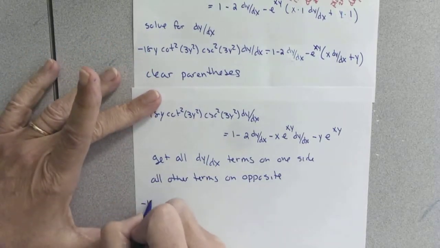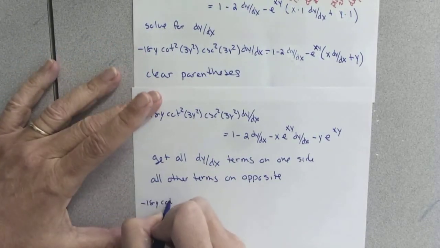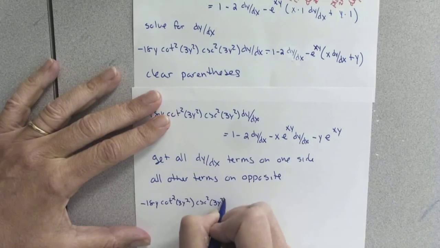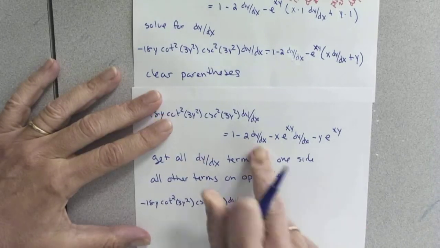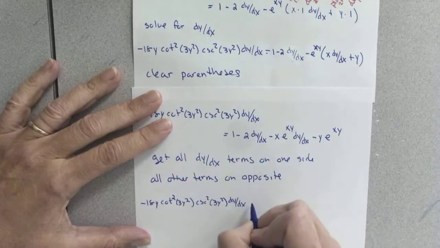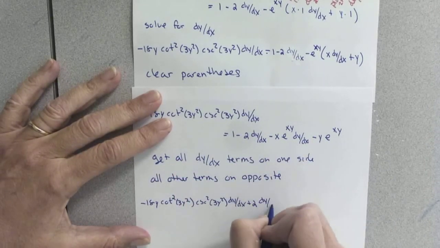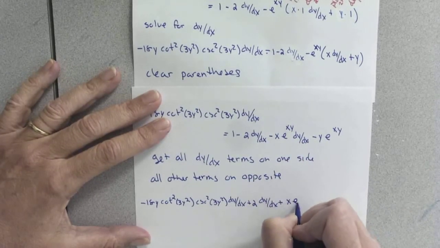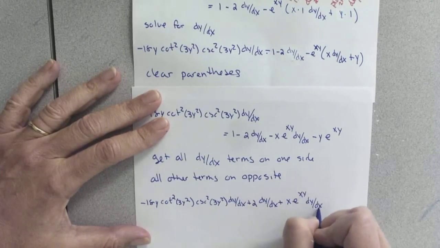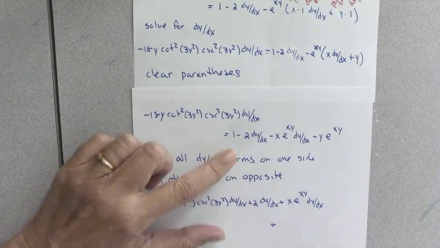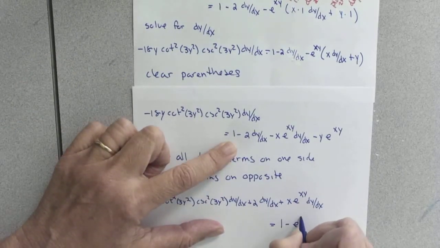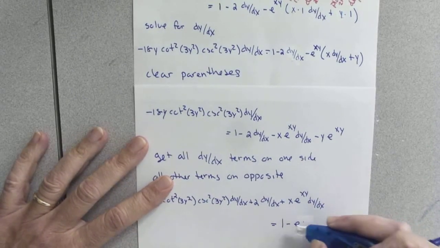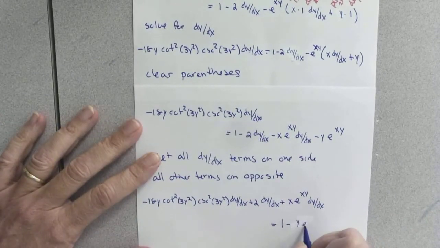So getting all my dy dx's together, that's going to be 18y cotangent squared 3y squared cosecant squared 3y squared dy dx. There was a negative 2 dy dx, moving it makes it positive, so plus 2 dy dx. That one was negative, so that becomes plus x e to the xy dy dx equals, and all that's left then is 1 minus, excuse me, that's wrong, minus y e to the xy.